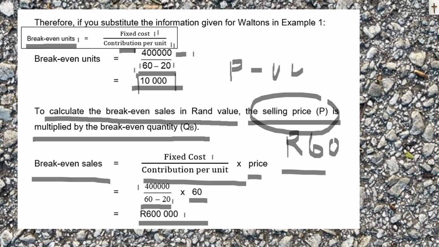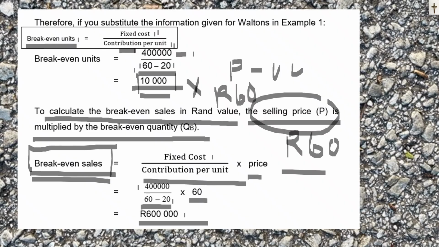So that is the break-even sales amount. It's quite simply the quantity multiplied by the price, which was 60 Rand. But there's a formula: break-even sales, fixed cost divided by contribution per unit.